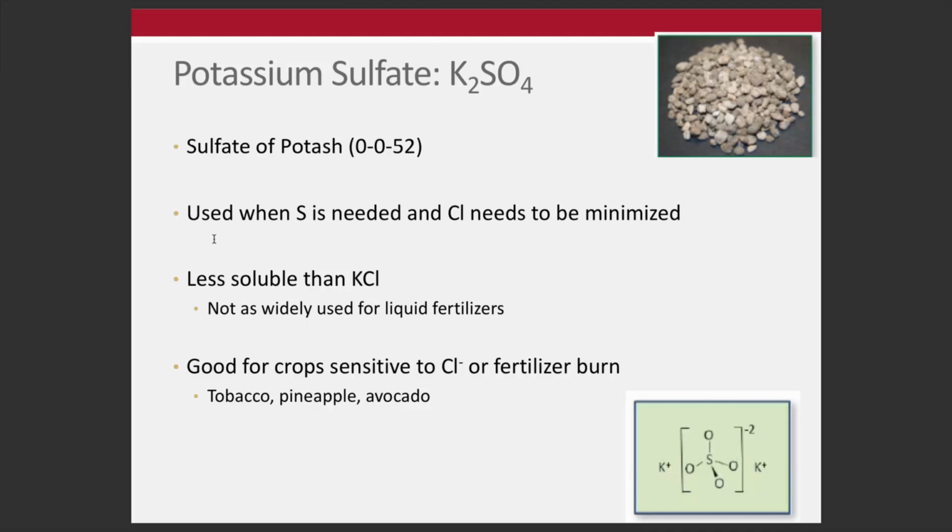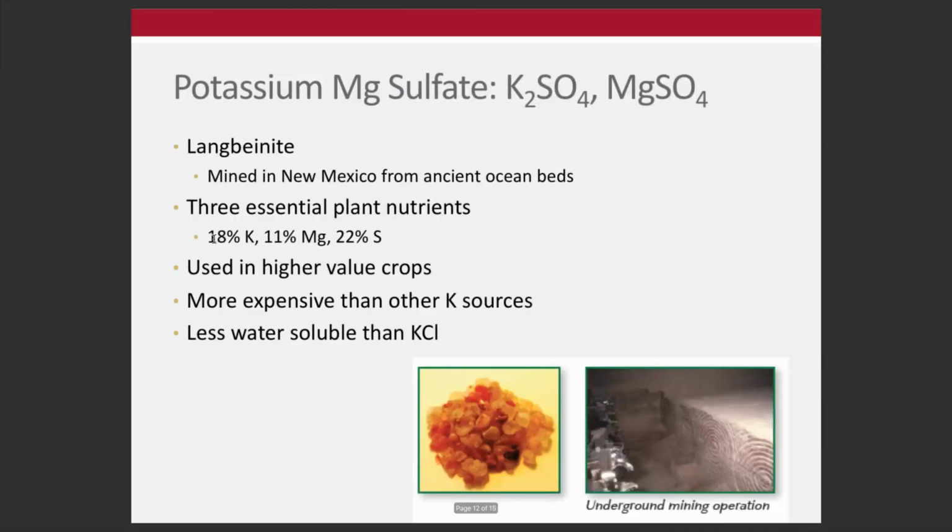But K2SO4 is a little bit less soluble than potassium chloride, so we often won't see this mixed into, say, a liquid fertilizer or blended in a liquid form. Potassium mag sulfate.